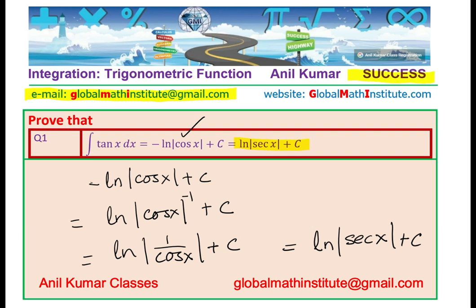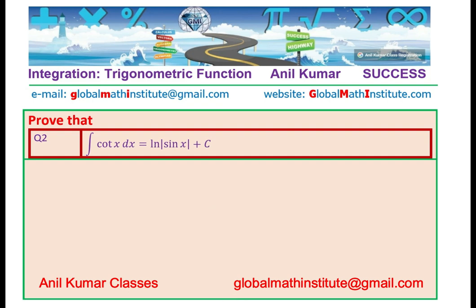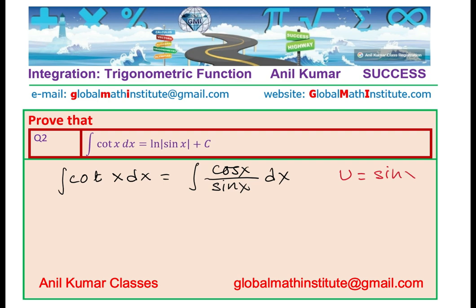Perfect. Let's move on to cotangent x. Now you have understood the logic behind. So the integral of cot x will be what? Clearly I will write this as integral of cos x over sin x dx, and now the substitution should be the denominator, so u is sin x, and du will be cos x dx.